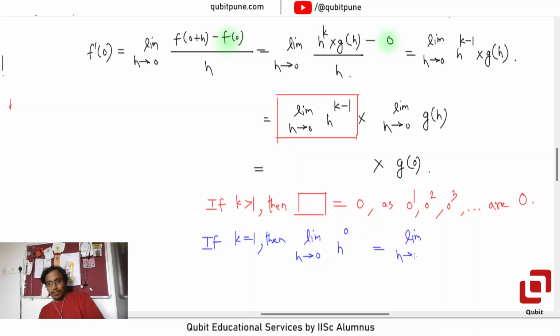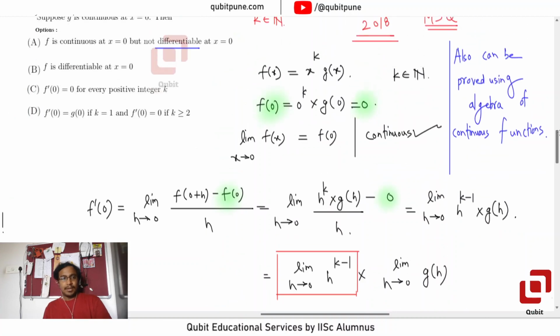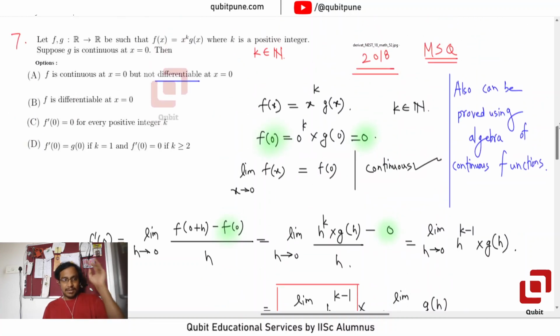That's 1. No matter how close you go, h raised to 0 will always be 1. But 1 into g of 0. So in either of the cases the derivative exists, and hence it is differentiable at x equal to 0. So option B is correct.